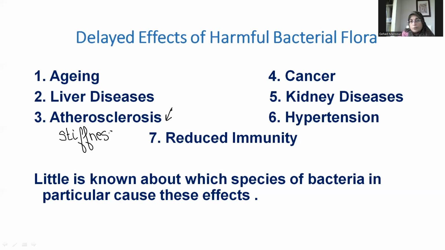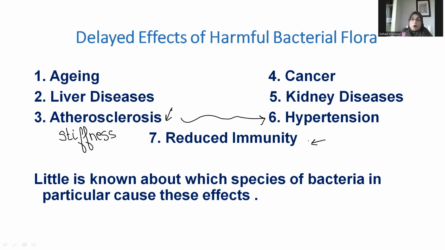So atherosclerosis is stiffness of the arterial wall, and the stiffness of the arterial wall might lead to hypertension or elevation of the blood pressure. Your immune system will also be weakened and you will have reduced immunity.